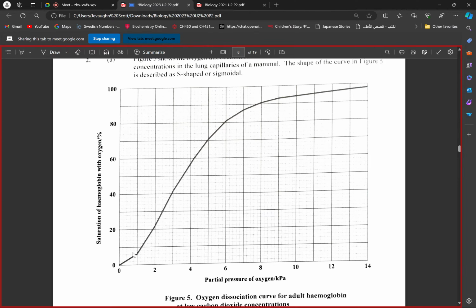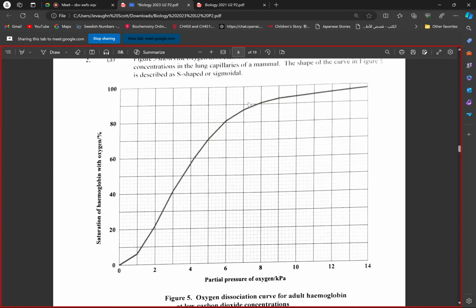So it contributes to that sigmoidal curve. So usually it's a bit difficult at first as partial pressure of oxygen increases. After around 1 to 2, we're gonna see it skyrocketing because of that nature of the hemoglobin conformational change. And then at 8, it's going to actually head towards a plateau. So that's how it creates that sigmoidal curve shape, right?